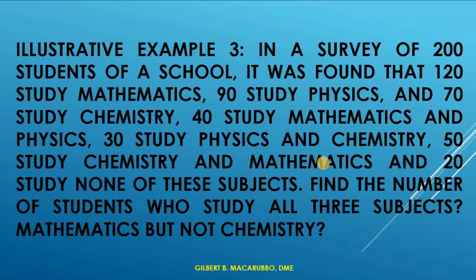Okay, so let us move to illustrative example number 3. In a survey of 200 students of a school, it was found out that 120 study mathematics, 90 study physics, and 70 study chemistry. 40 study mathematics and physics, 30 study physics and chemistry, 50 study chemistry and mathematics, and 20 study none of these subjects.